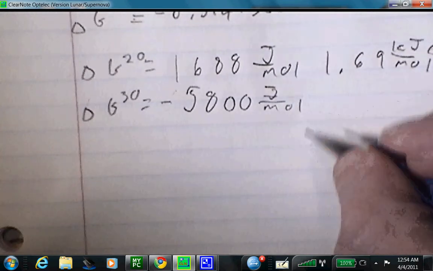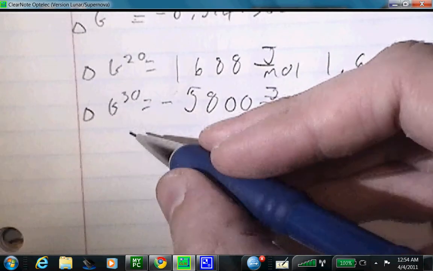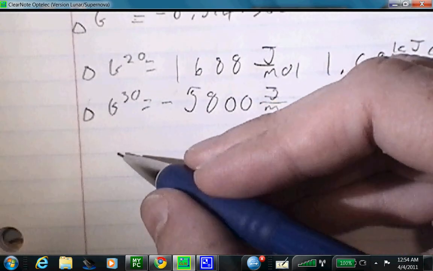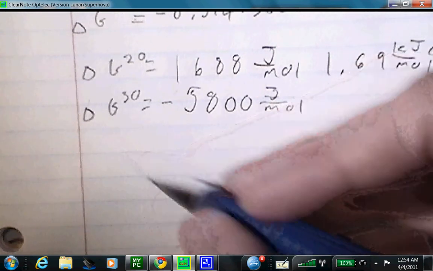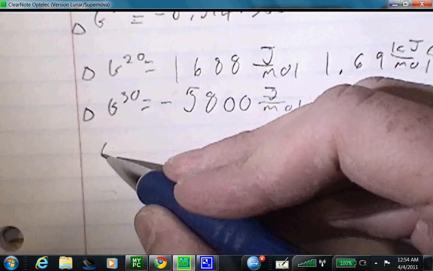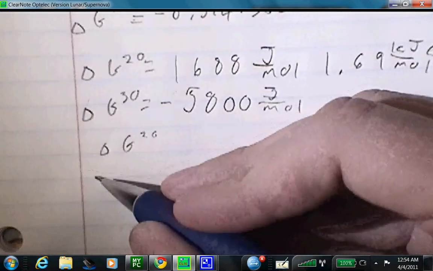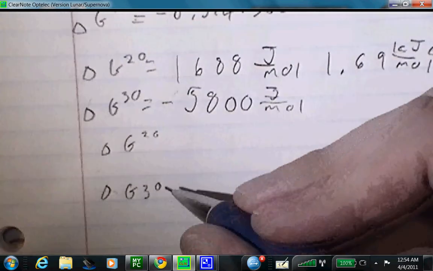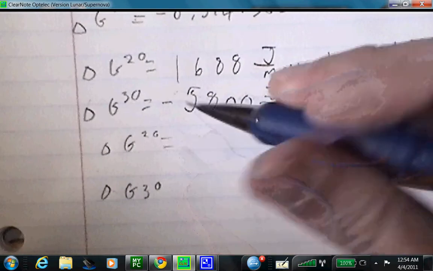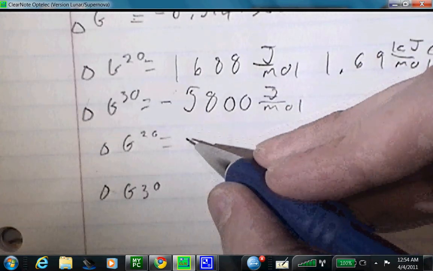Per mole. Okay, so now because delta H is independent of temperature, we can set up a system of equations, delta G20 and delta G30. I have to do this over a camera, so I'm sorry, my handwriting's extra bad.